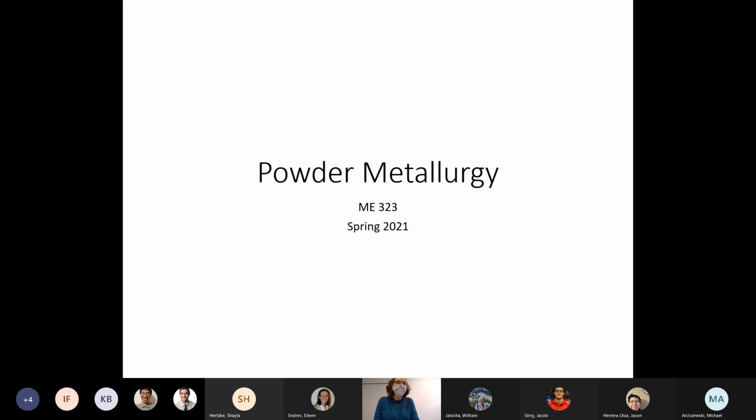Okay, so we have our atomization, and let's consider some of the things that we might care about in terms of the powder. One is the powder shape. The powder can be spherical, so nice little spheres, or it can be angular, so it can have a lot of various little ledges.